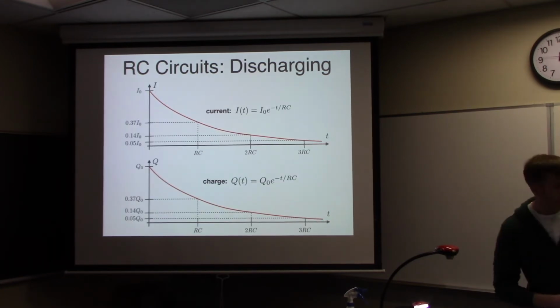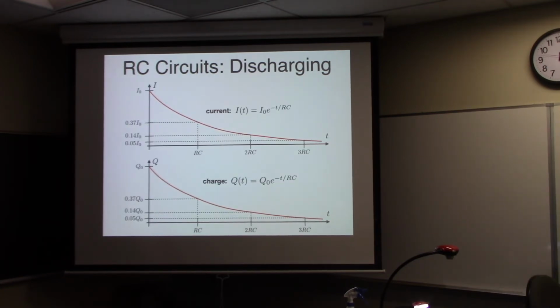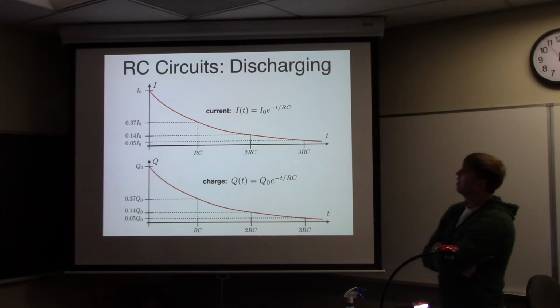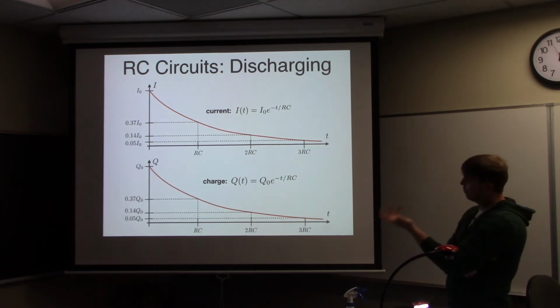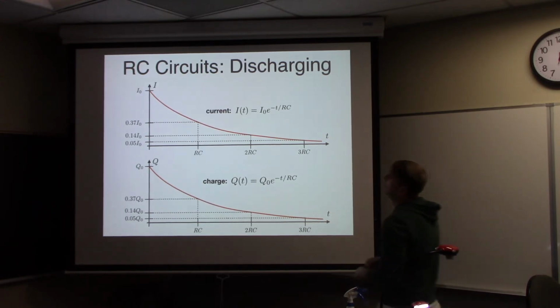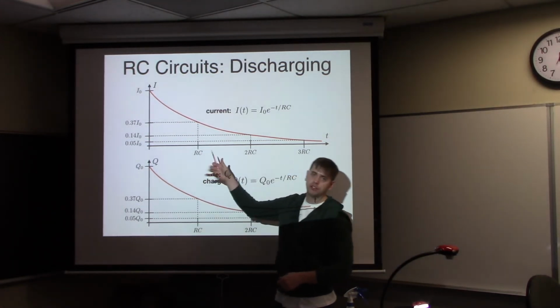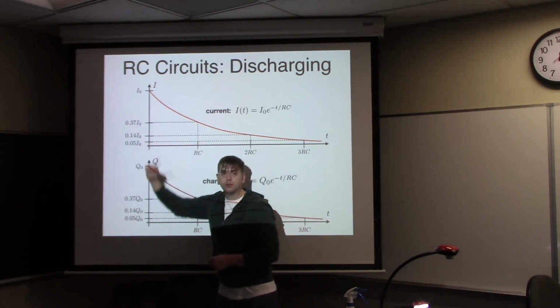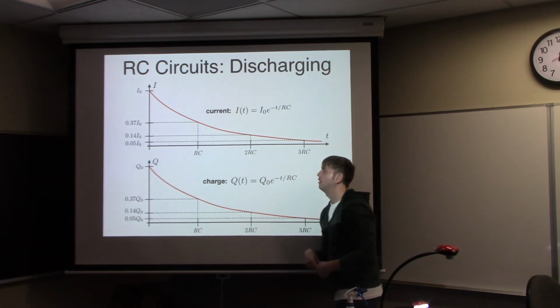Okay, so the next thing is plot these functions out. So since they're both basically exponential decay functions, they look the same in terms of their shape. And we already worked out from before the fact that if we wait one time constant, RC, the current is going to fall to 37% of its starting value.